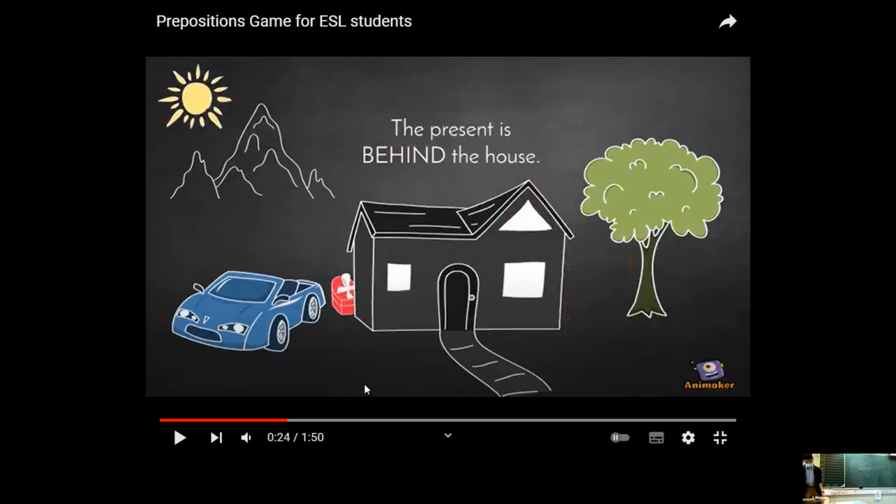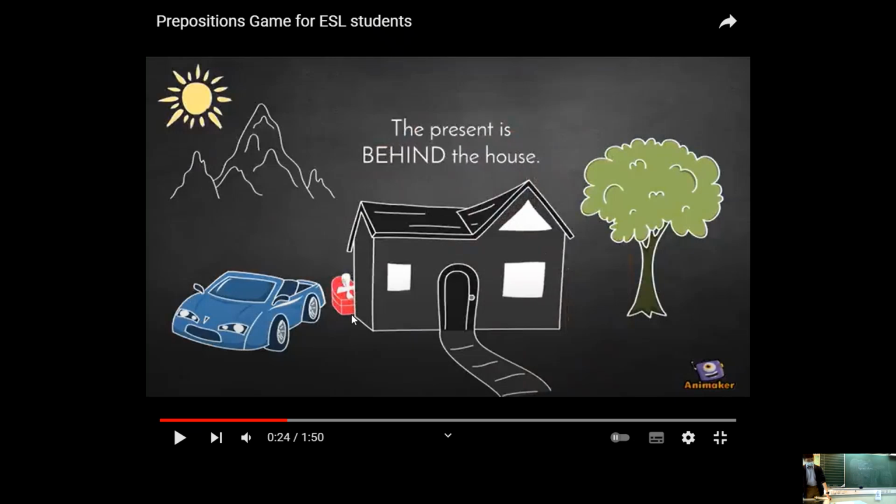The present is here. So in this case, we say the present is behind the boxes. Can you see the whole present? No, the present is partly covered by the boxes.